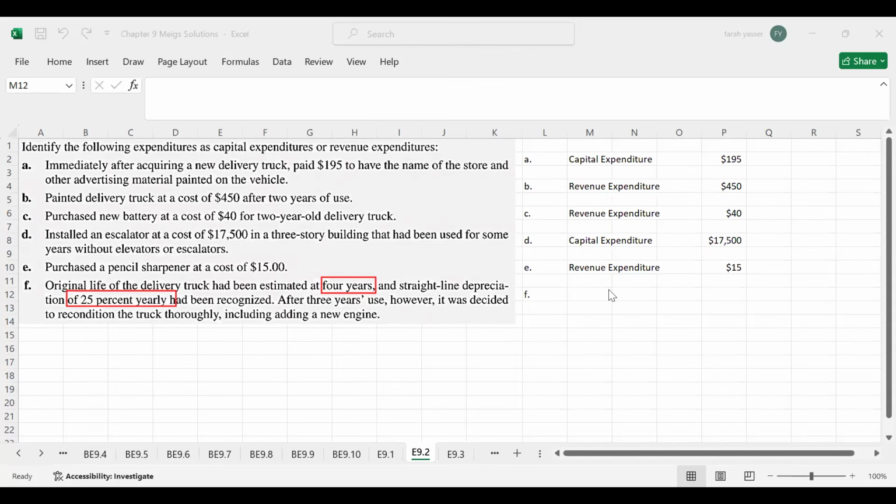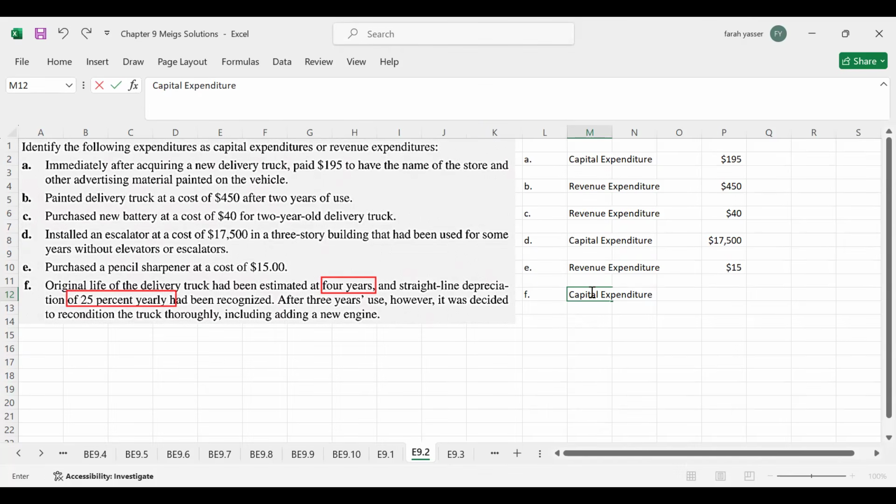So if you are going to add a new engine, the new engine will increase the working capacity of the delivery truck. So any such expenditure which increase the working capacity of any fixed asset, then this should be capitalized. So this become the capital expenditure.